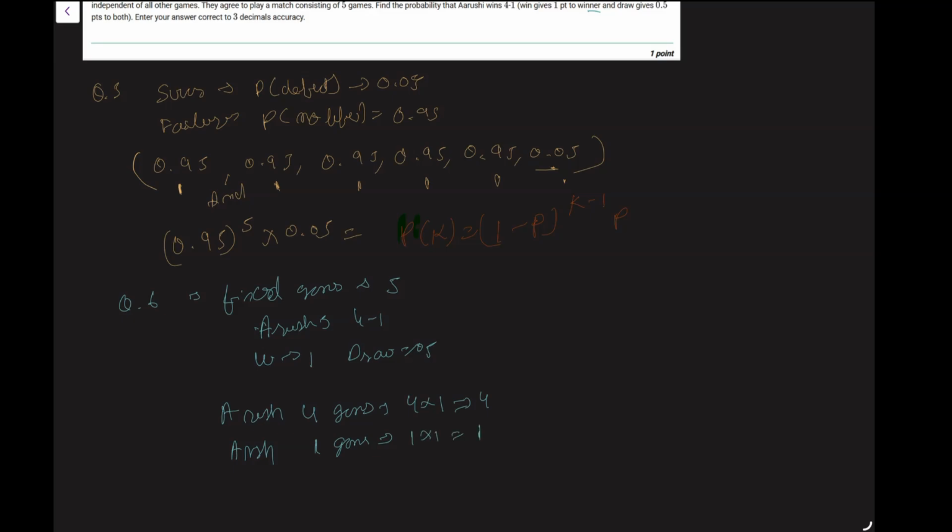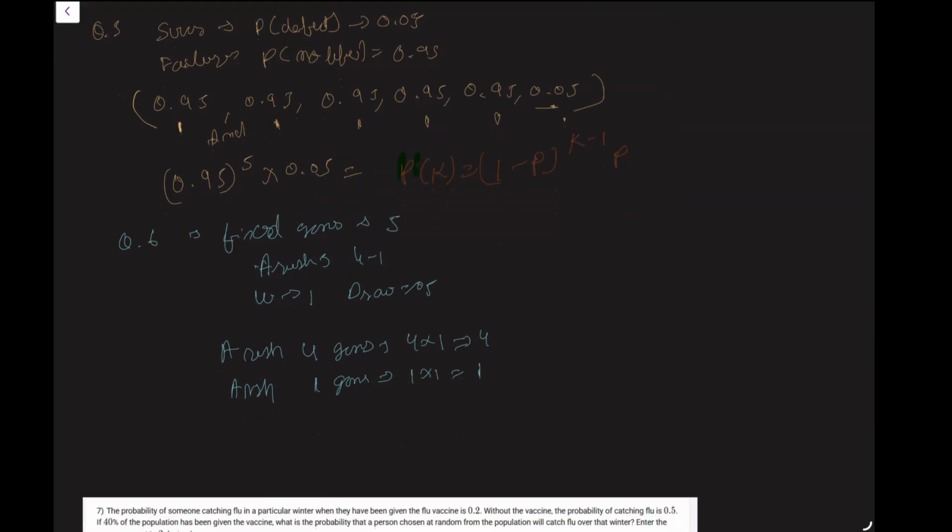And there has to be no draw, because if Arushi wins any less than 4 games, she's not going to win. So 4 wins for Arushi, 1 win for Ansh, and 0 draw. That makes 5 games. And this works out.